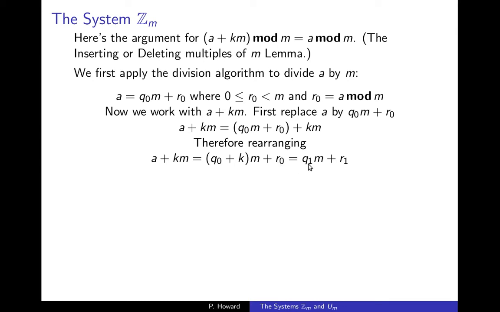And we're going to use Q1 for Q0 plus K and R1 for R0. So this is equal to Q1 times M plus R1, where Q1 is Q0 plus K, and R1 is R0, which, remember, is A mod M.